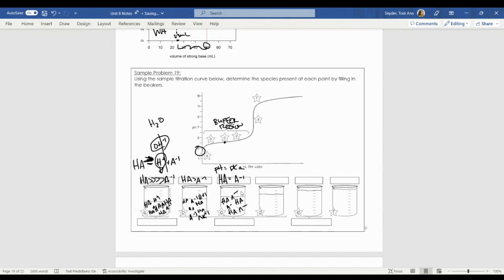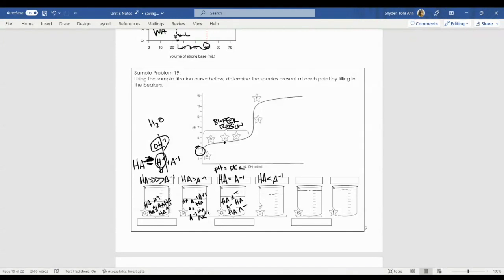That's a perfect buffer, because if I add acid to that, that acid is going to react with the conjugate base. If I add base to that, it's going to react with that weak acid. As I move up, I'm still in that buffer region, but at this point I have slightly more conjugate base than weak acid.